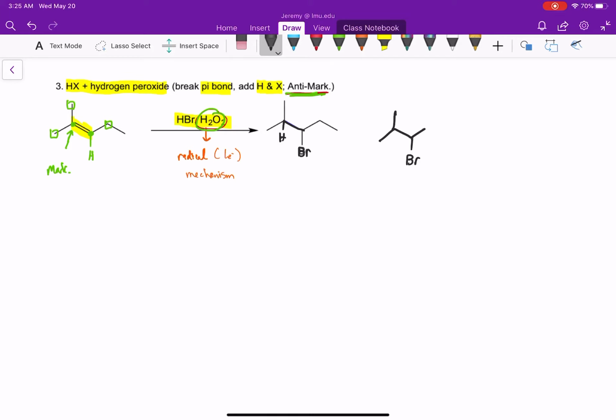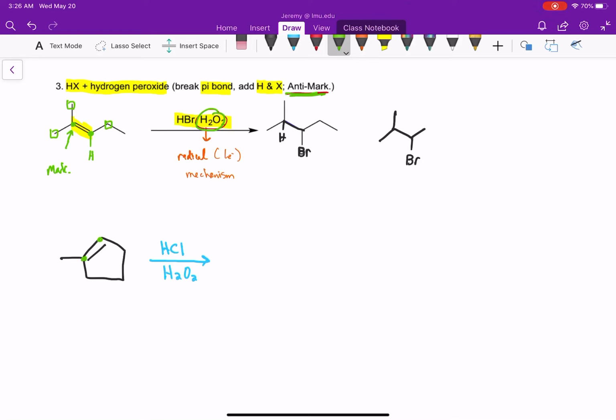So let's look at another example here. I'll take a ring. Okay, so we're going to treat this with HX. Here we'll do HCl, and we're adding H2O2. Okay, so here are the two sp2 carbons, right?